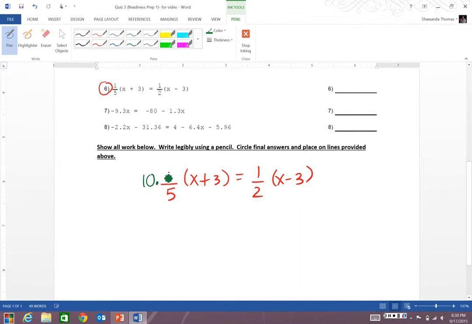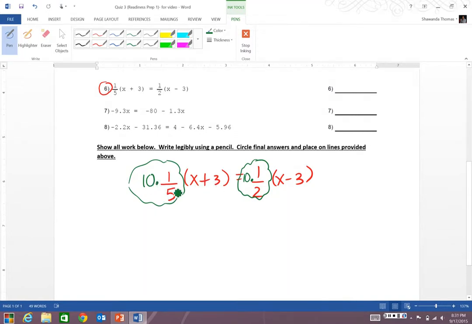So I'm going to go ahead and multiply by 10. And since we have parentheses here, we can concentrate on just multiplying 10 times that 1/5, that fraction here, and multiply 10 times the 1/2. And then once we simplify that, we'll multiply that number times what's in the parentheses.